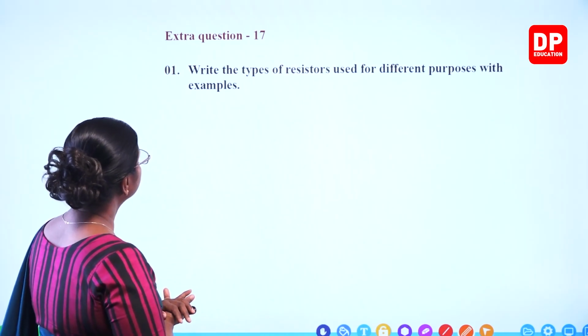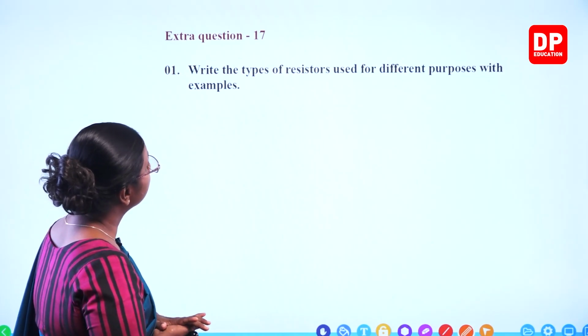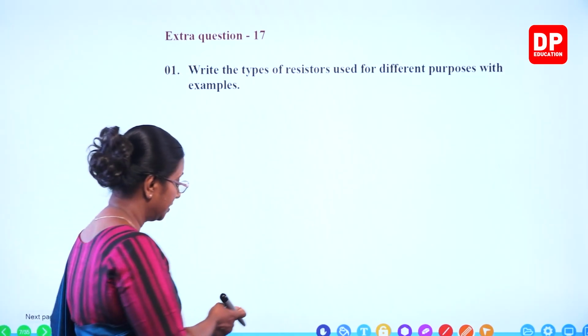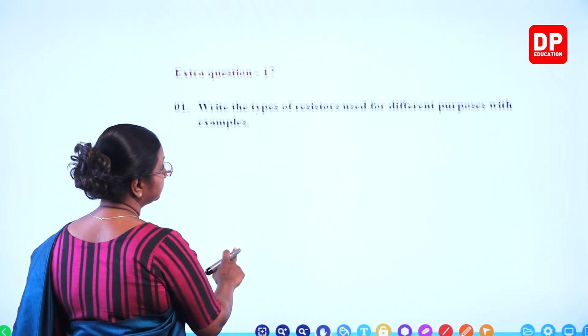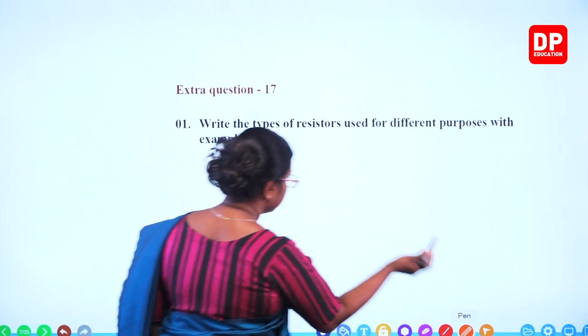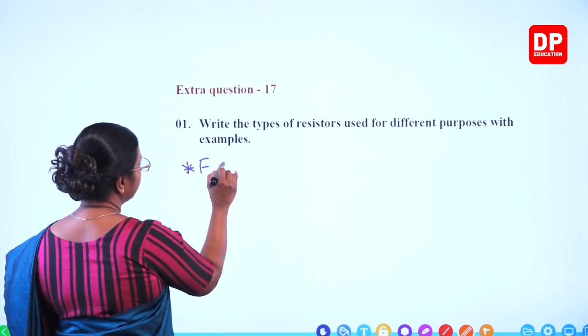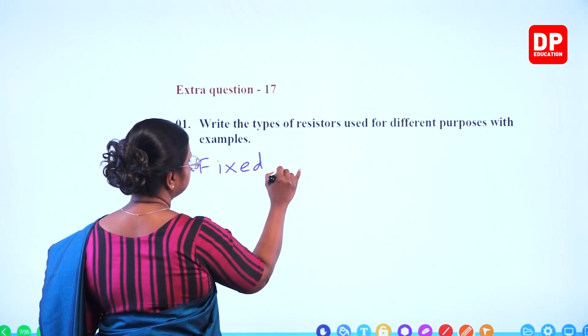So to answer this question, write the types of resistors used for different purposes with examples. So here, first one, fixed value resistors.